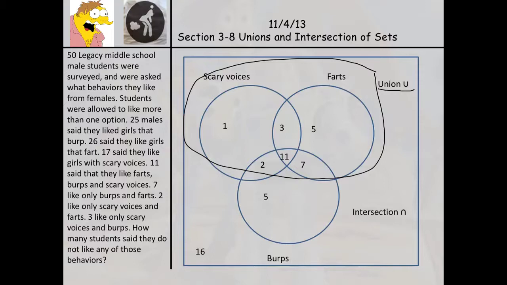Versus if we were talking about the intersection of these two sets, the intersection is what they have in common. So between burps and farts, what they have in common is not just the 7, but 7 plus 11. So we would add up 7 and 11 and get their intersection. So take that back to what we learned before and put it together with a Venn diagram, and you get a better idea of how this all fits together.